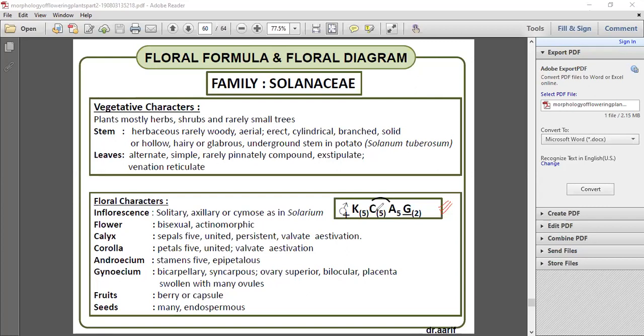Then corolla and androecium, ma'am, all are united. Tell me about corolla. What do you know? What do you understand by corolla? It has 5 petals and they are united. So what do we call united petals?